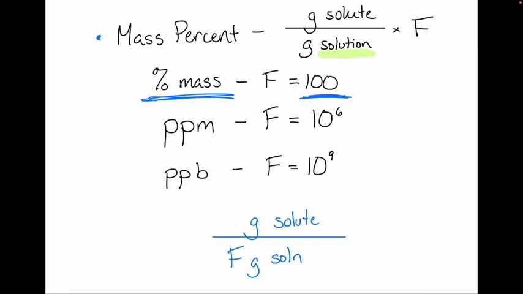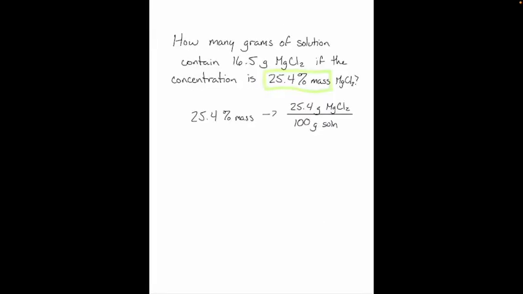Whatever that factor of F is, that's going to be in your denominator. Unlike molarity, we just put it over 1, all right? But for these mass percents here, because we're multiplying by that factor F, we have to account for that. And the easiest way to do it is to stack your grams of solute over F grams of solution. Okay, where again, F depends on whether we're talking about percent mass, parts per million, or parts per billion. Okay? So given that, I believe in y'all. Finish this off for me.